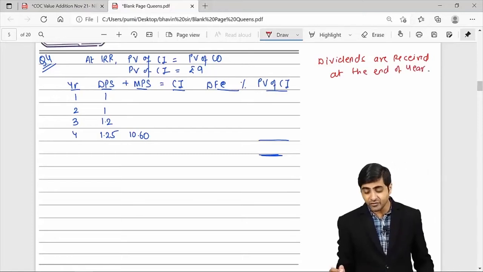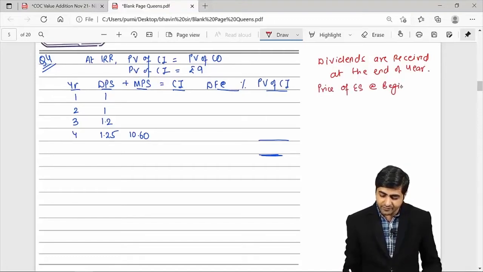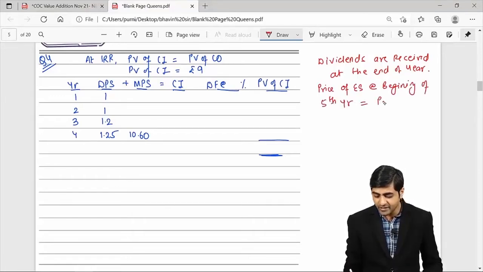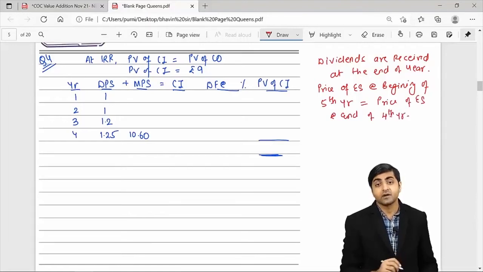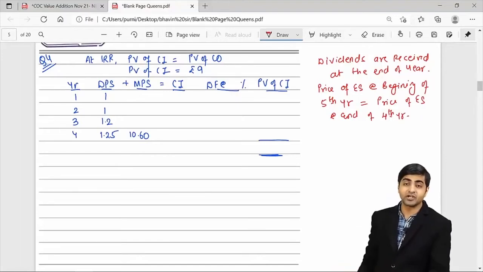And in the next line you can write down price of equity share at beginning of 5th year is equal to price of equity share at end of 4th year. Price of equity share at the beginning of 5th year is equal to price of equity share at the end of the 4th year. Okay.